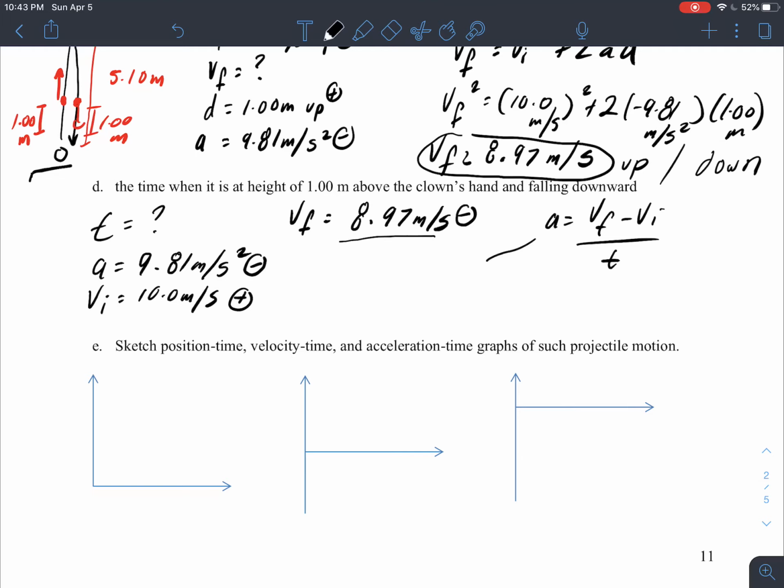Negative 9.81 meters per second squared is equal to negative 8.97 meters per second minus positive 10.0 meters per second, over the time we're looking for. I'm just going to go ahead and calculate this quickly.